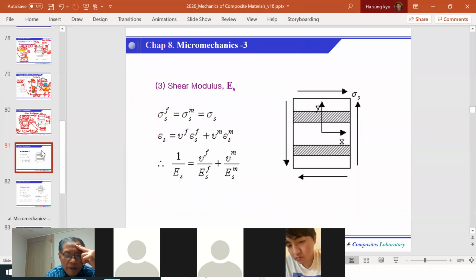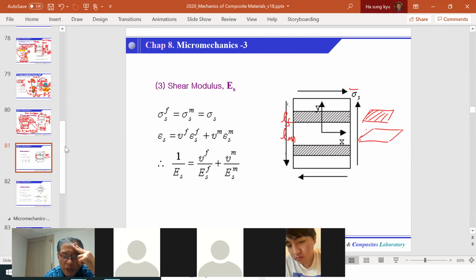Okay, and then we can do the same thing for the shear modulus. Shear is like that, and again we have fiber lengths and matrix lengths and so on. And we apply sigma s, which will be the macro-level stress. And the fiber will have a certain shear strain, and the resin will be subject to another shear strain like that.